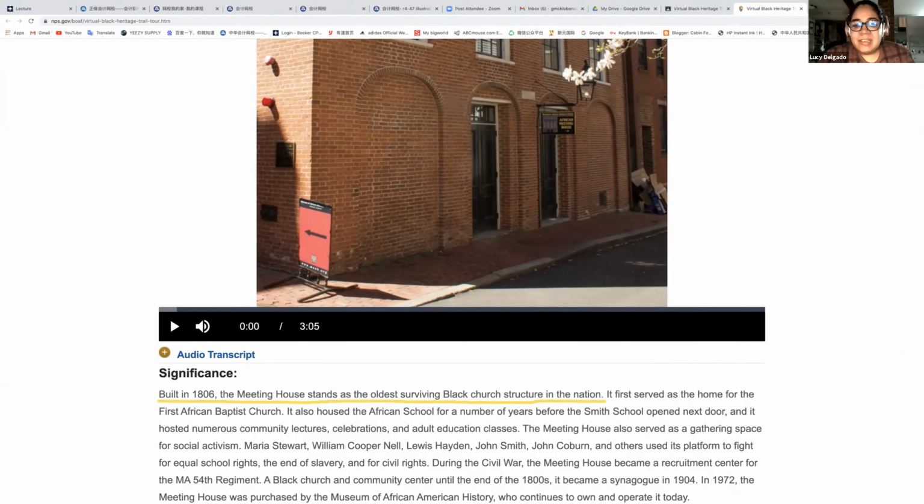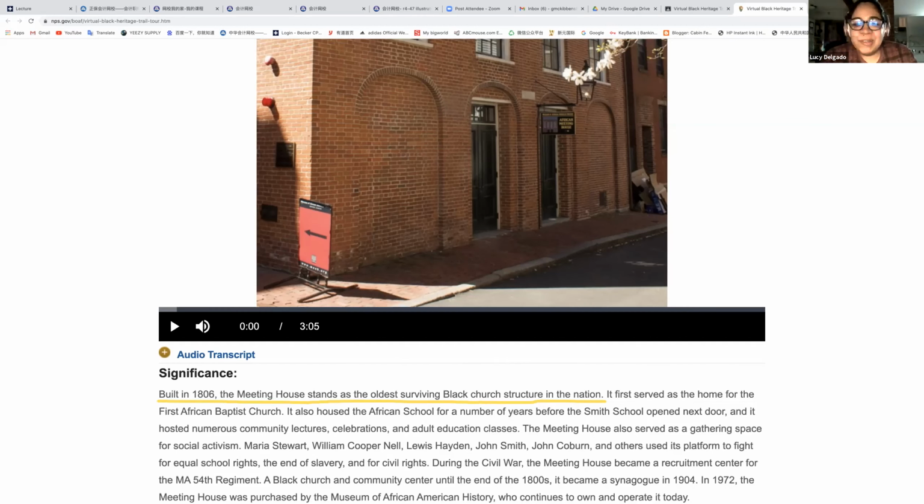Well, it's the oldest church in Massachusetts or in the country. Yes, but are they talking about the church itself or the building itself? The building, yes.